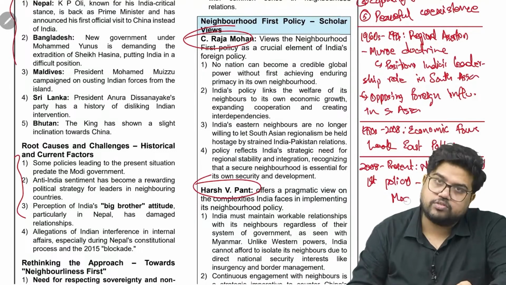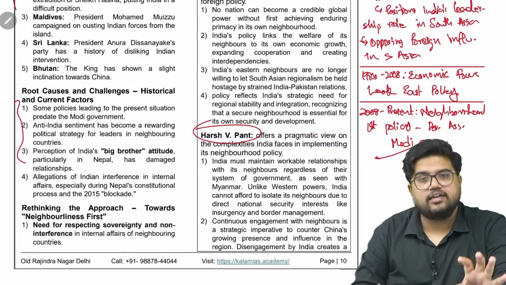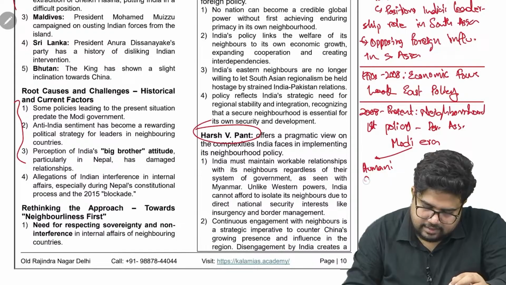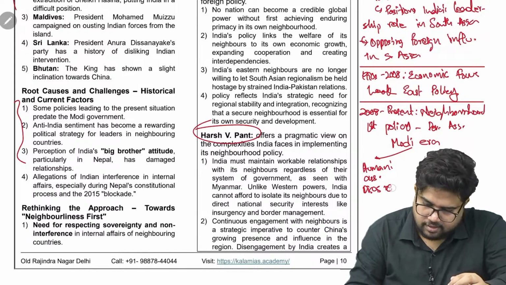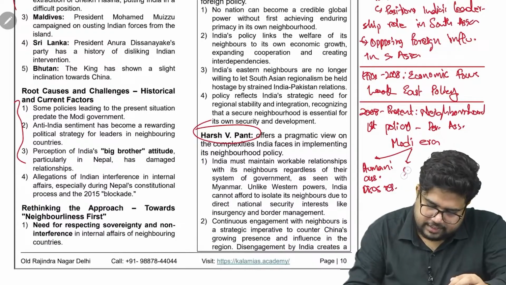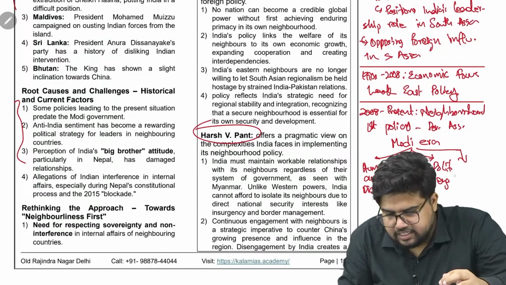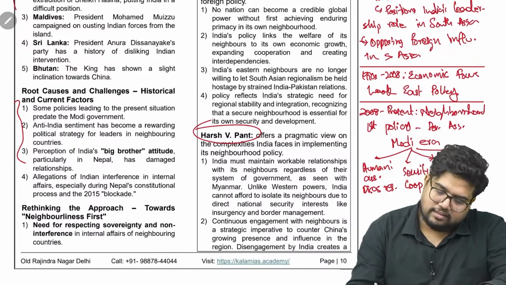And after 2014, in the Modi era, what is our focus regarding the Neighborhood First policy? That is humanitarian assistance, disaster response, security cooperation, political engagement, institutional support, all these are different.